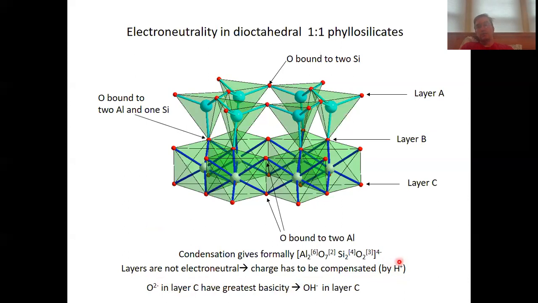Therefore, these protons, 4 of them actually, coordinate to oxygens in layer C, which are oxygens that coordinate to aluminum only. So therefore you actually have hydroxyl groups on that side of the layer, which is the octahedral layer.